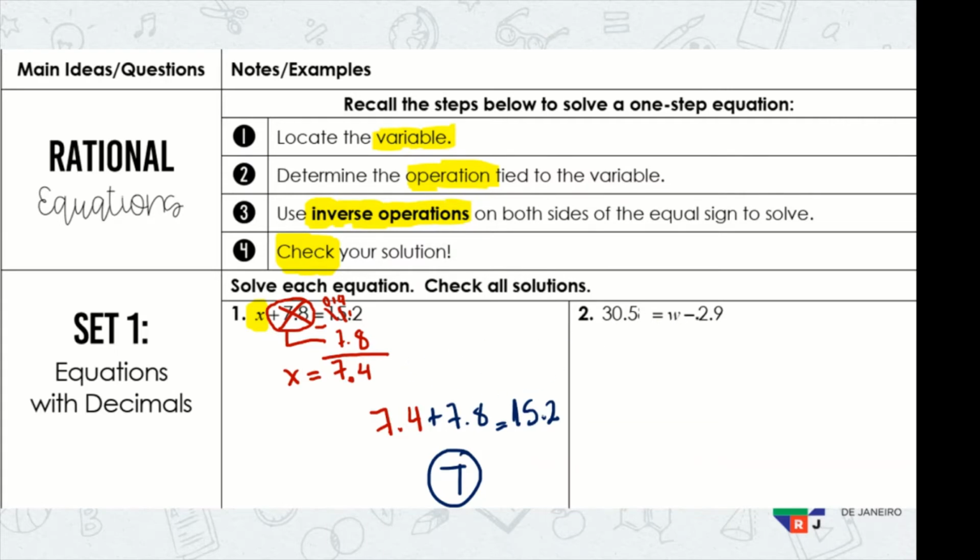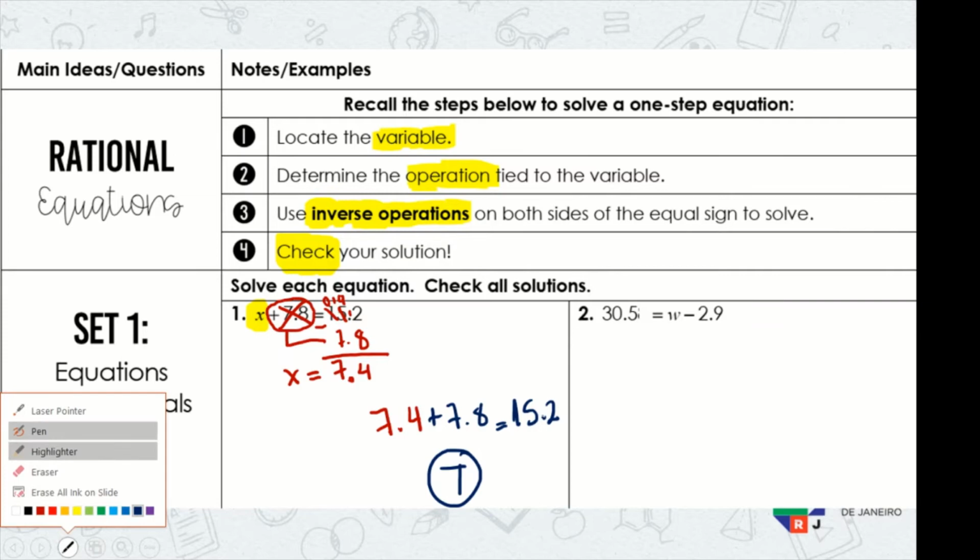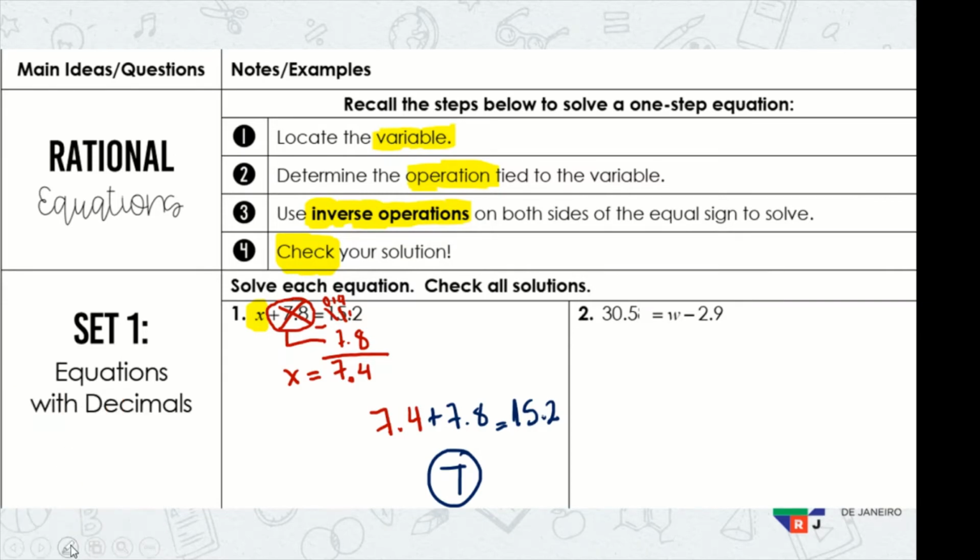Number 2. 30.5 equals W minus 2.9. Let's check right now the first step. Step number 1. What is step number 1, guys? Somebody can help me to remember. Where's the variable? Left or right? Can you tell me where's the variable? Right. Thank you. Right.